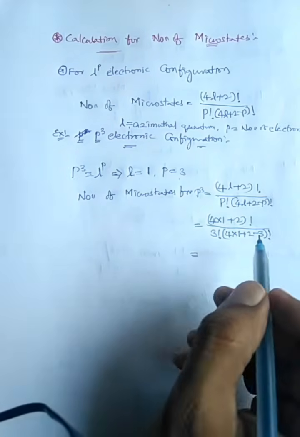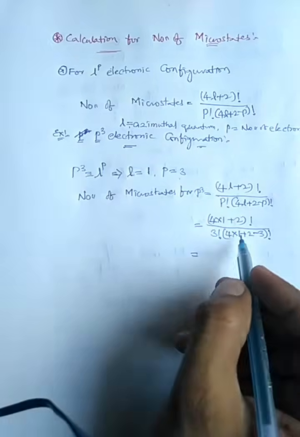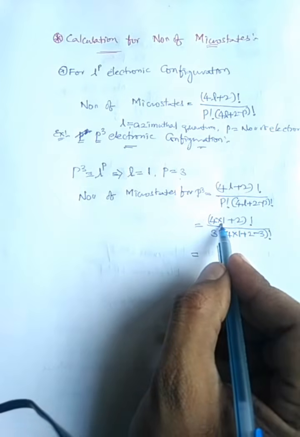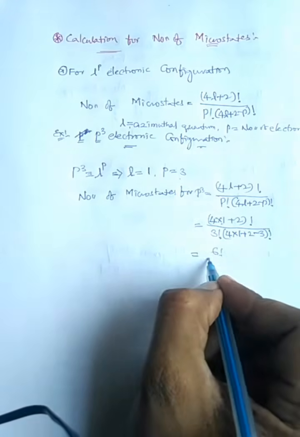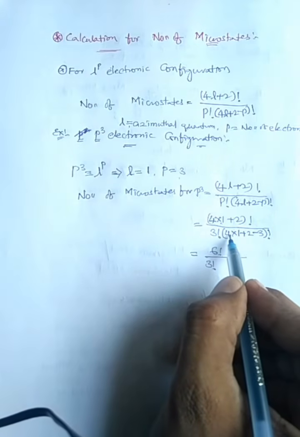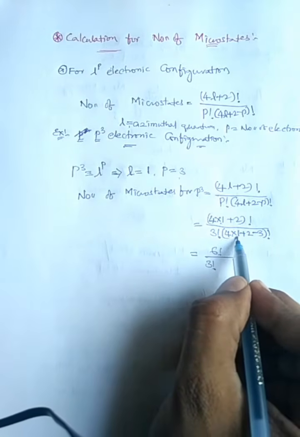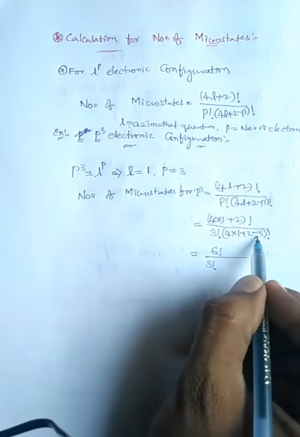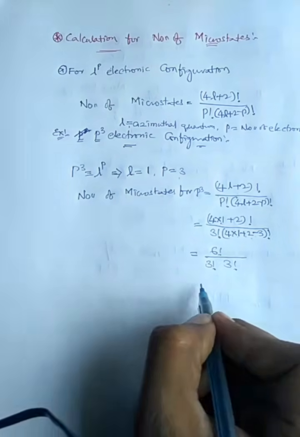Summarizing this, 4 into 1 is 4 plus 2 is 6 factorial, divided by 3 factorial into 6 minus 3, that is 3 factorial, right?